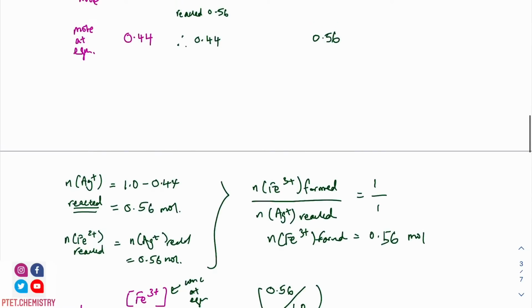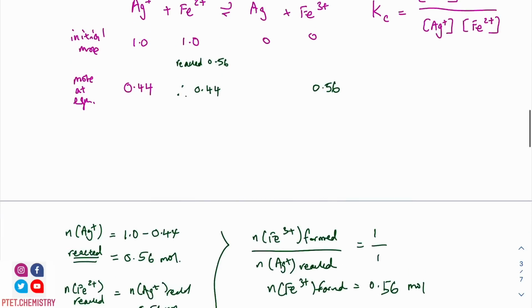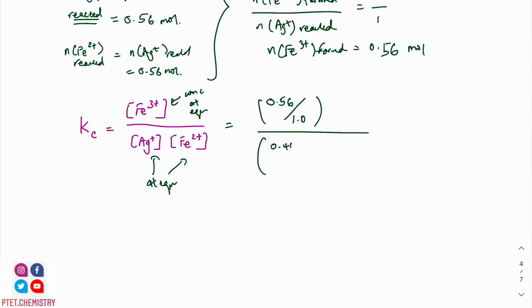So we need to be careful. The concentration at equilibrium is the mole at equilibrium divided by the volume at equilibrium. So it's 0.44 for each of Ag+ and Fe2+. So that's for Ag+. This is for Fe2+. It's to do with concentration at equilibrium. Yeah?